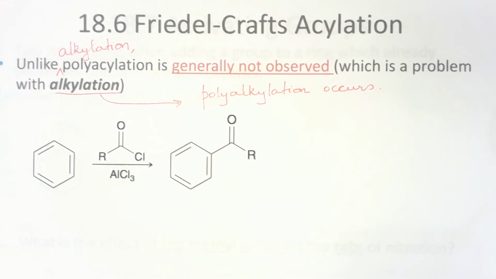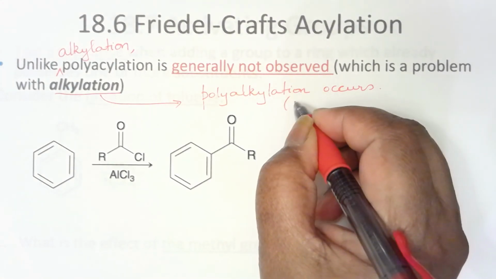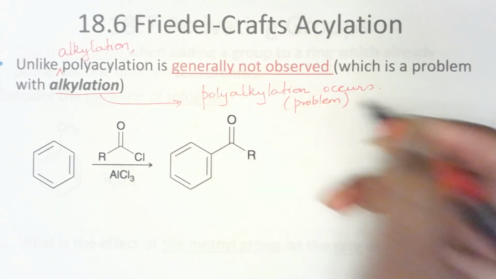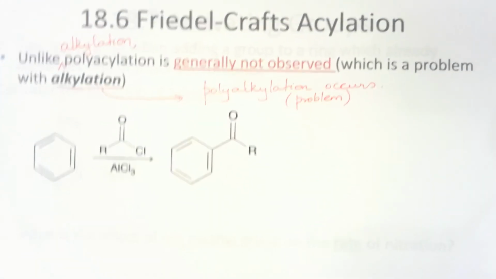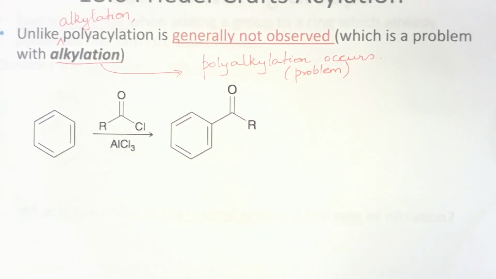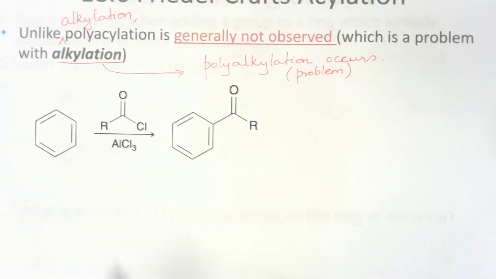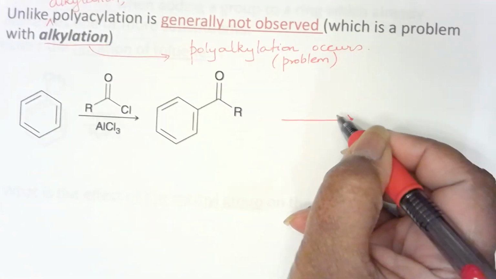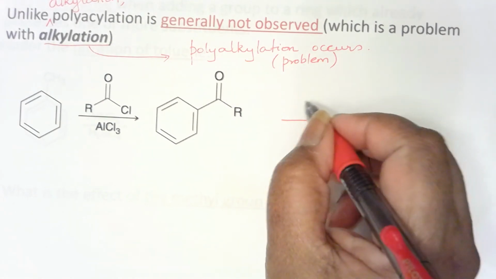So with alkylation, polyalkylation occurred, and that was a problem. Here, the benzene ring reacts to give the ketone, and then no further reaction takes place.